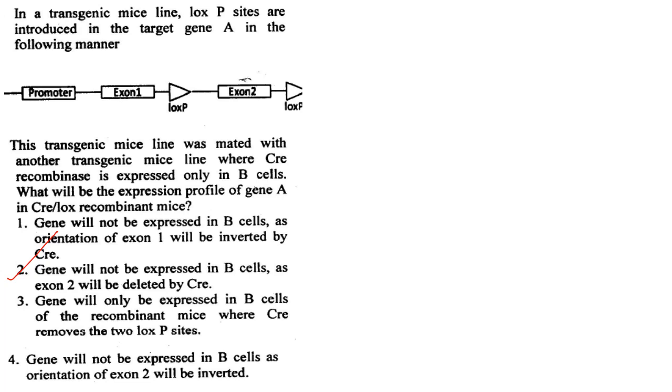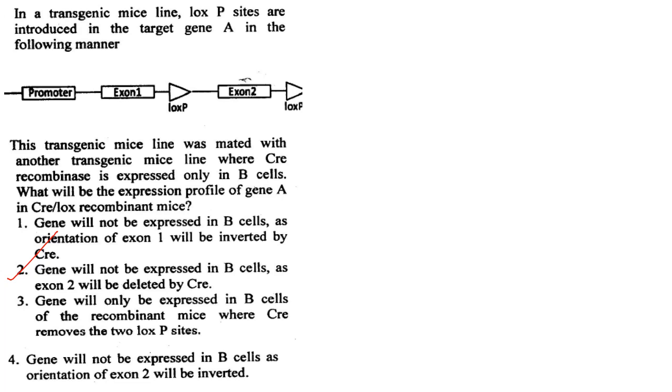Inversions can be obtained if the LOX-P sites are on the same DNA strand and are in opposite orientations. Deletions if the LOX-P sites face in the same direction. So here the LOX-P sites are facing the same direction, so the region exon 2 will be deleted.